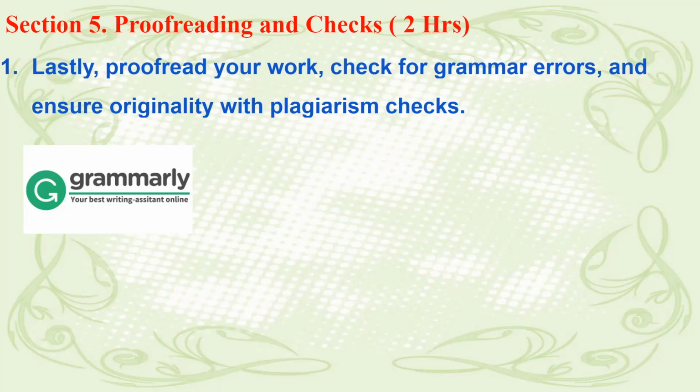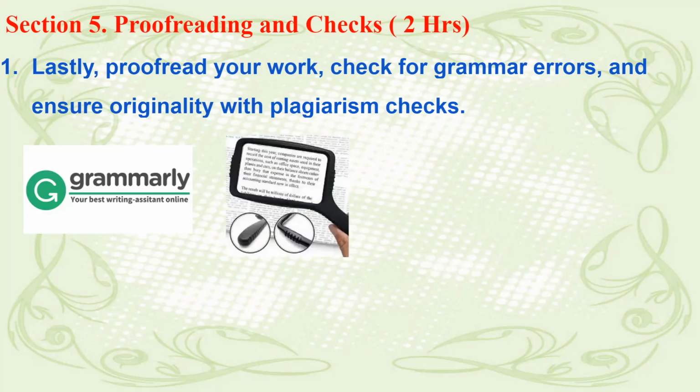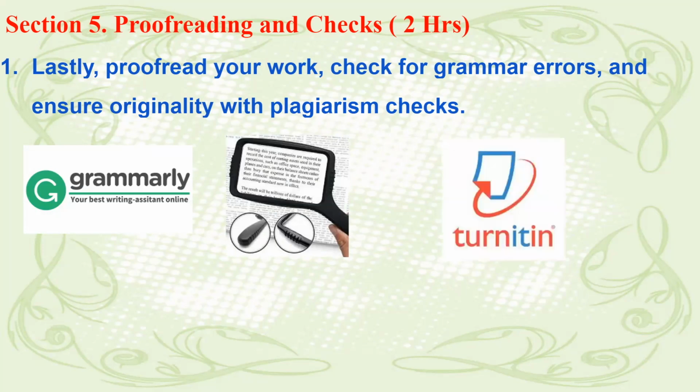If you are working in a research group, all group members can purchase the Grammarly software, which is most of the time available with a 50% discount, or you can inquire by sending an email to them. You can proofread by printing the manuscript draft and highlighting wherever you find errors or where you need to add more data. For the plagiarism check, you can use Turnitin.